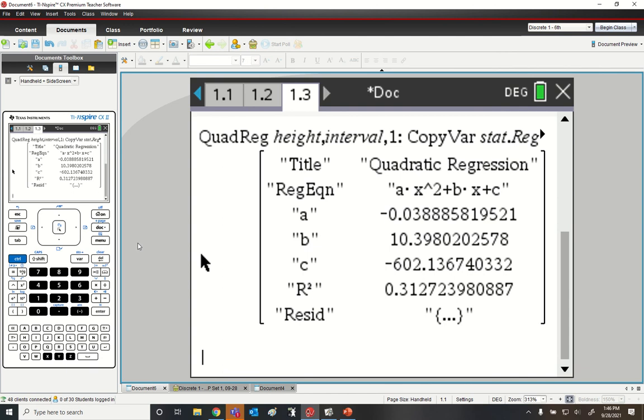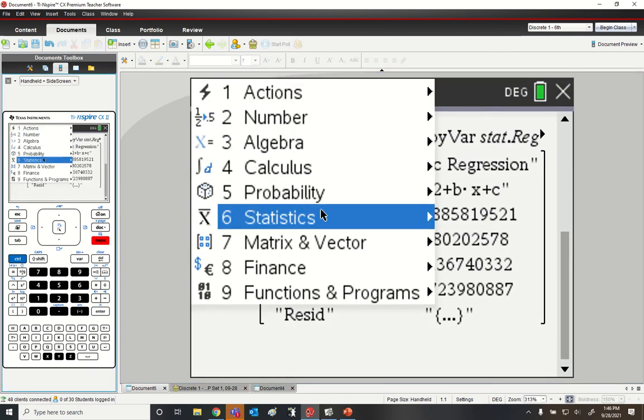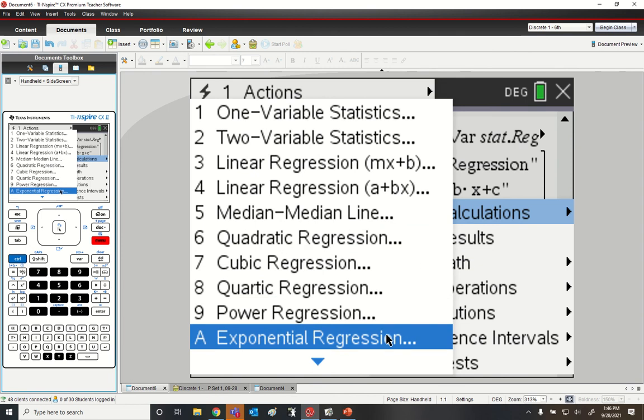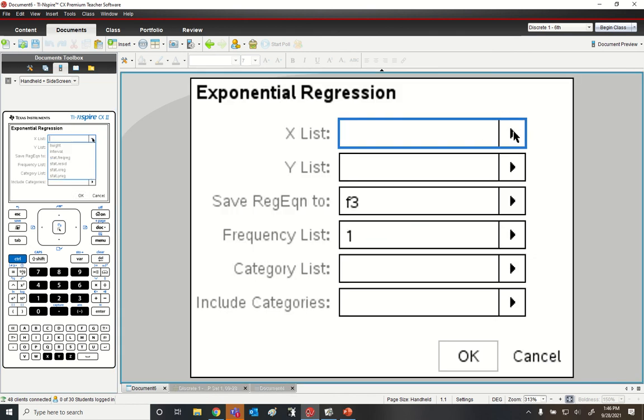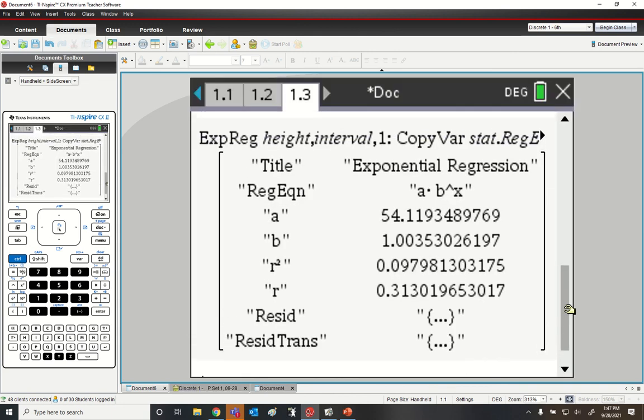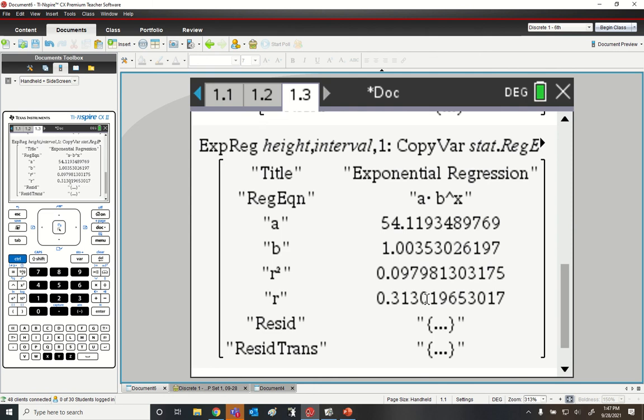Now, I'm going to do my last one, which is menu, statistics, stat calculations, exponential regression. Height, interval. Now, let's look at the r squared and the r values.